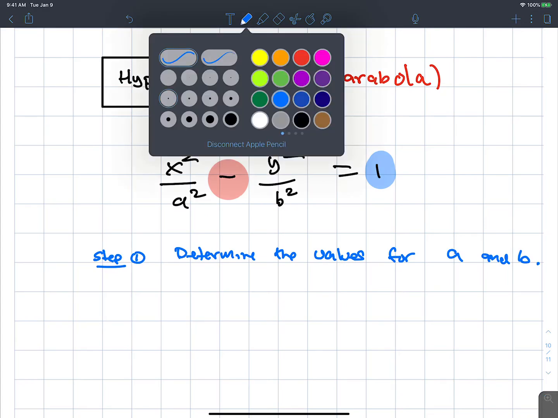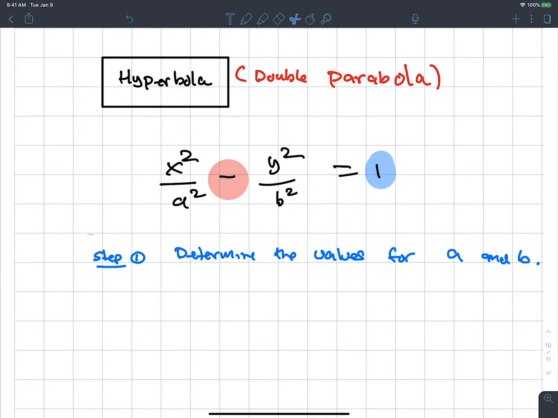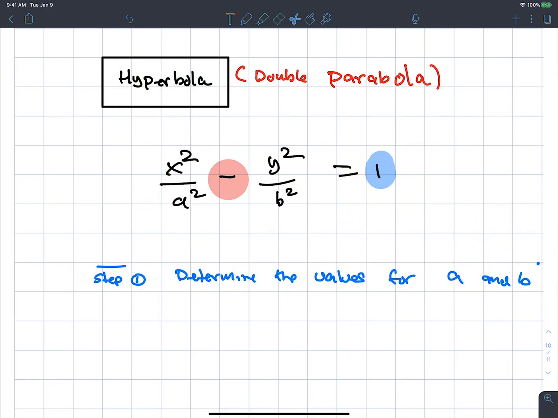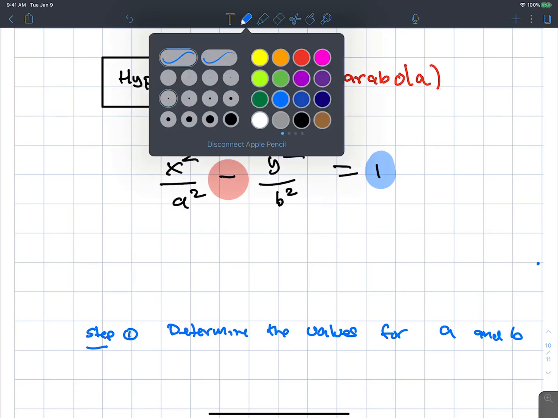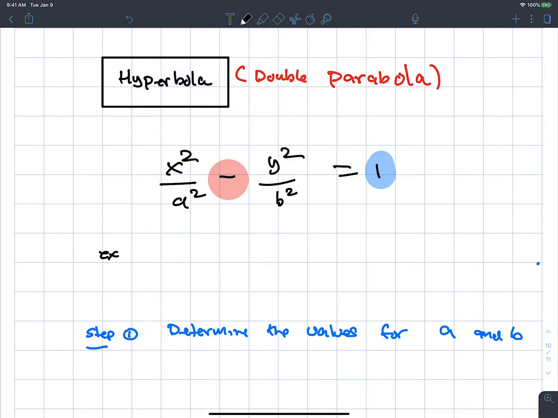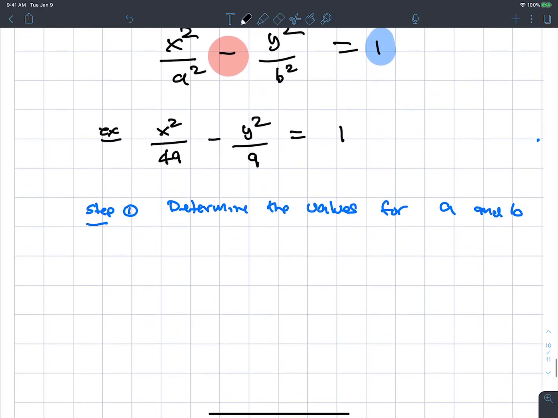And, you know, I guess we should start with an example. So let's give you an example. Okay, so I'm going to give you an example. If they give you, let's say, x squared over 49 minus y squared over 9 equals 1.